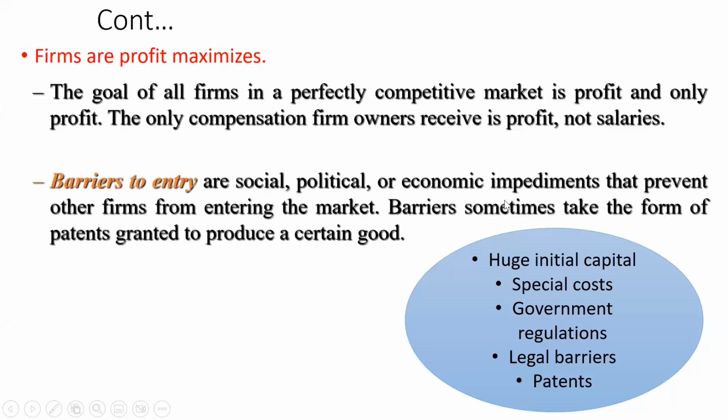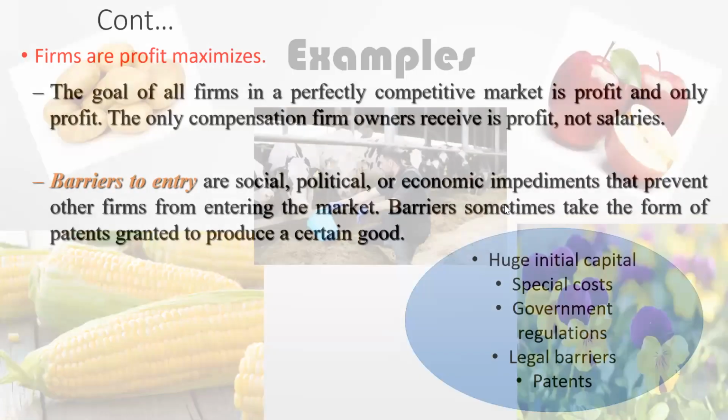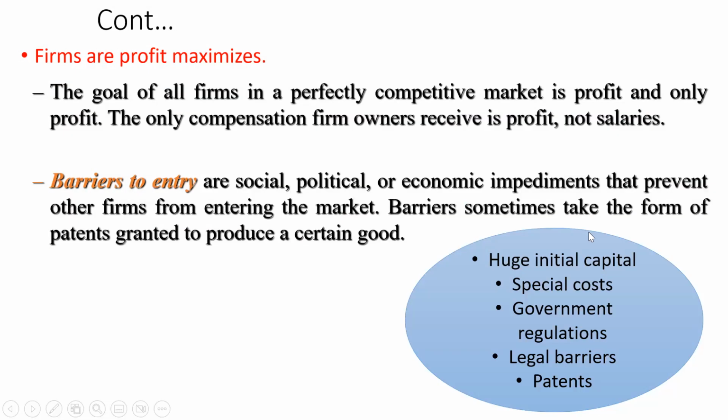Then the government imposes some rules and regulations, legal barriers, like applying for a patent or a license. There may be such barriers in some markets when we are entering the market. But in perfect competition, no such barriers exist.